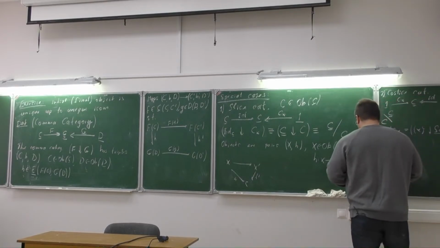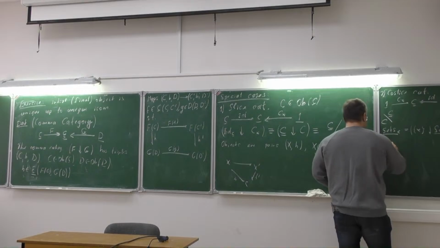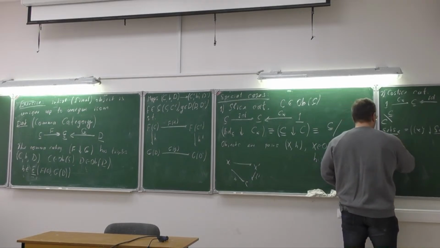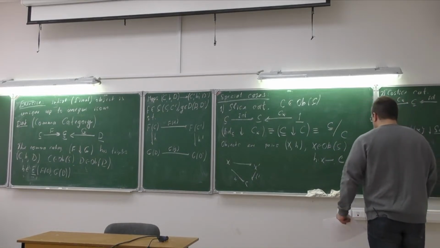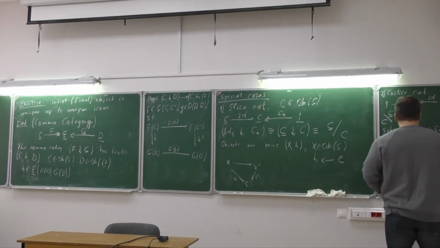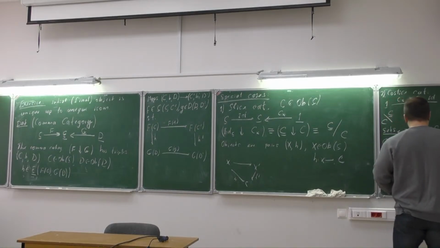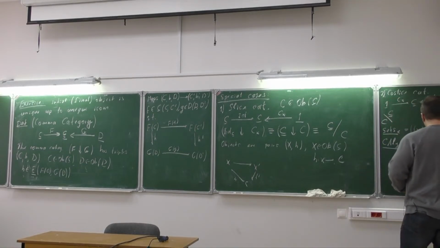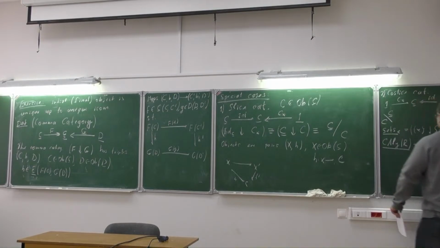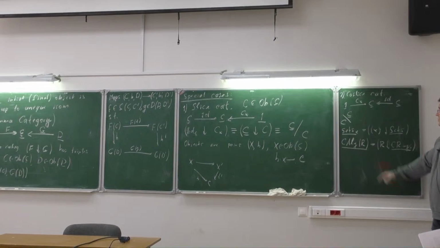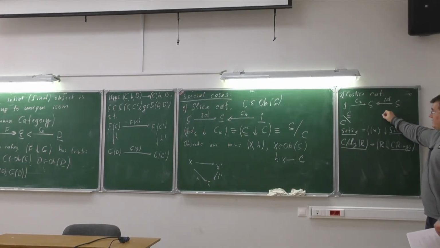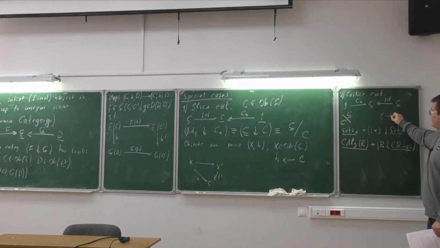And another example of a co-slice category is the category, say, of commutative algebras over a given ring. So in this case, this is the same thing as the co-slice category for the ring R and the category of commutative rings. Okay? So in this situation you're supposed to have the opposite map, so C to the X.